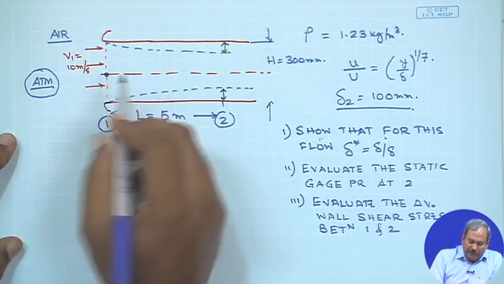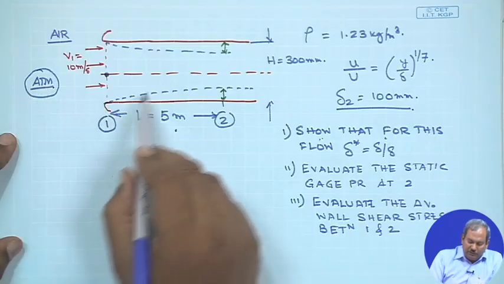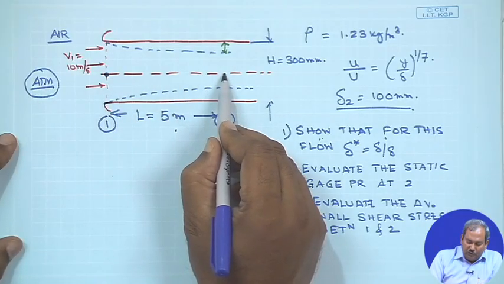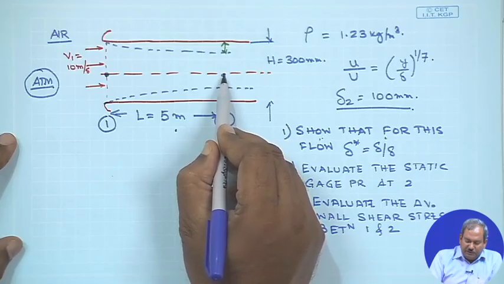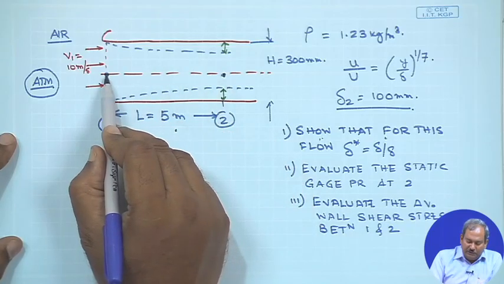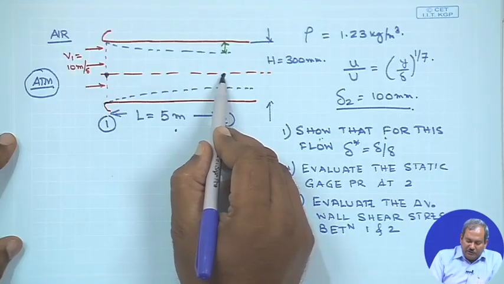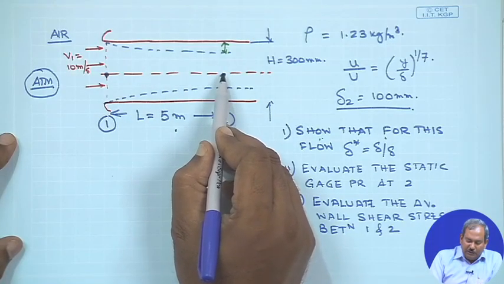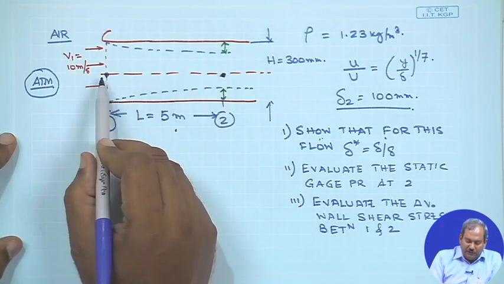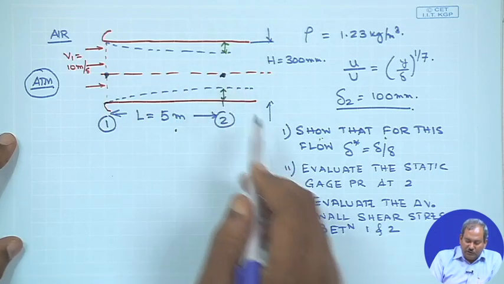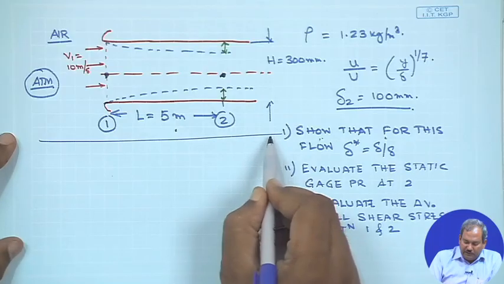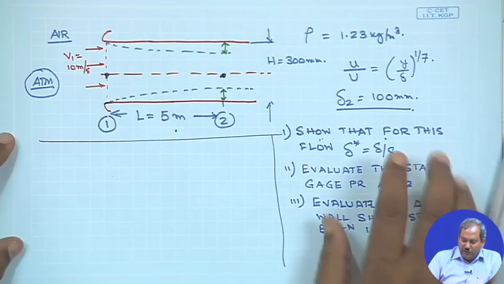At this point the pressure must be lower than atmosphere, and as you move over here, since the flow is taking place in this direction, this pressure is going to be lower than this pressure, and the gauge pressure here therefore is going to be negative. Here the gauge pressure is negative, and at this point the gauge pressure is going to be more negative.